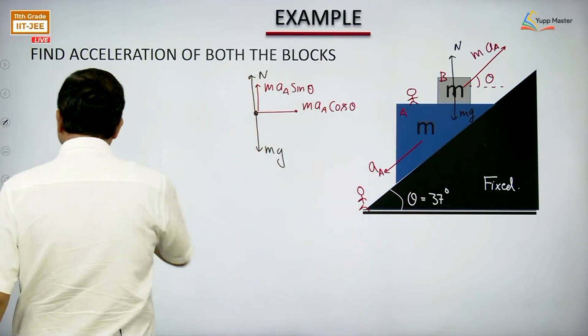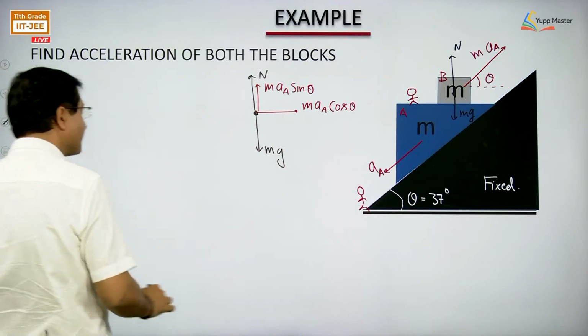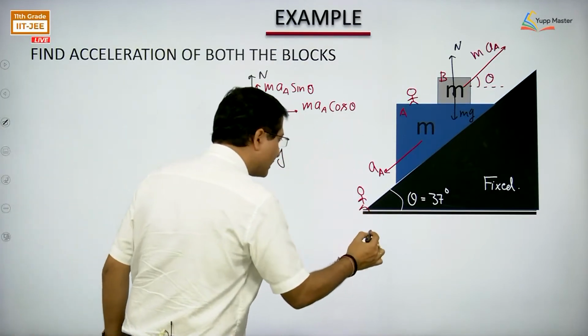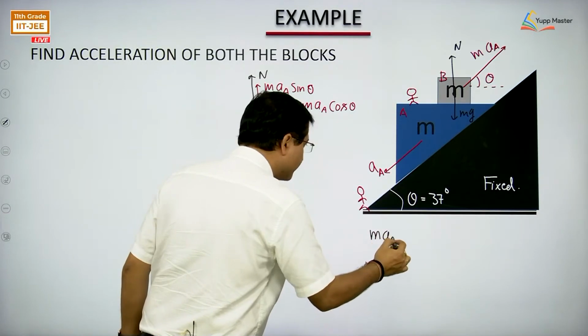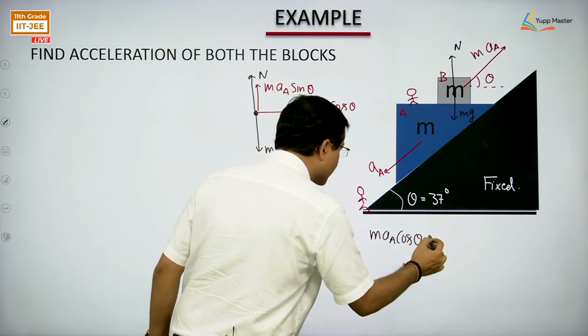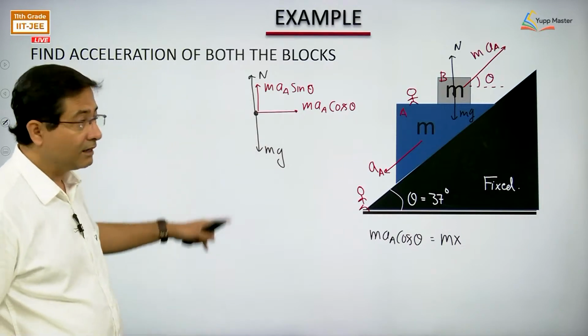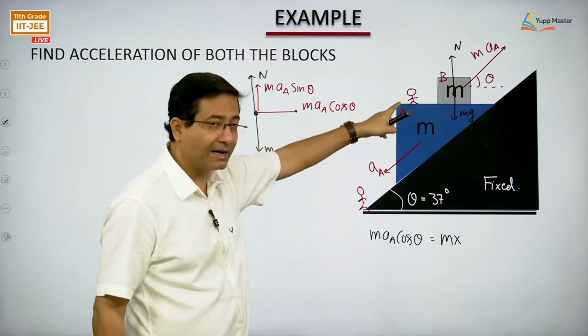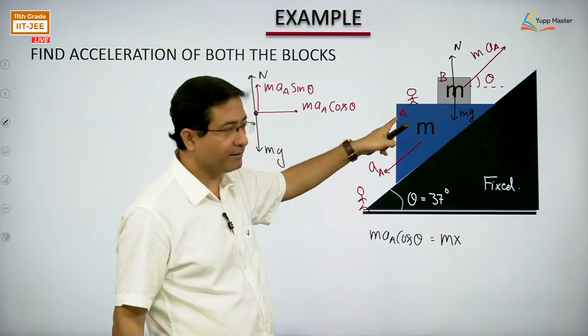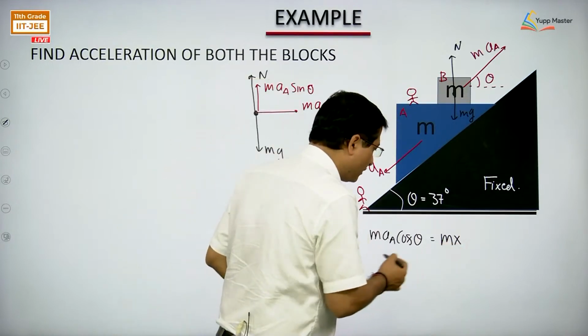So first equation is this force MAA cos theta is equal to mass into, what he observes is the acceleration of B relative to A. So you have to be a little careful.